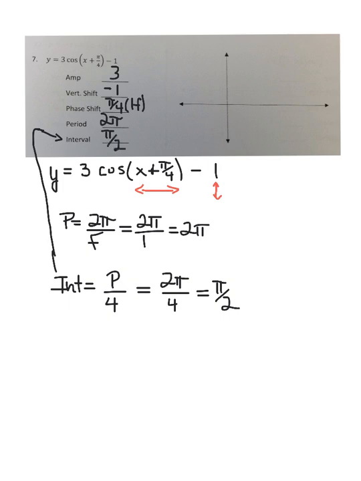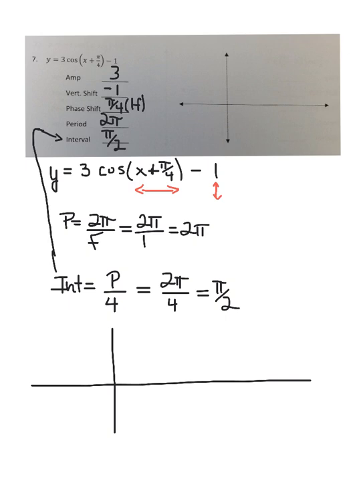Okay, and again, maybe you don't understand what I'm talking about, but just give me a few minutes and I'll explain it to you. Okay, I find that graph a little bit too small for me, so what I'm going to do is I am going to put it down here. Now, we know that the amplitude is 3, right? But we also have a vertical shift down 1.